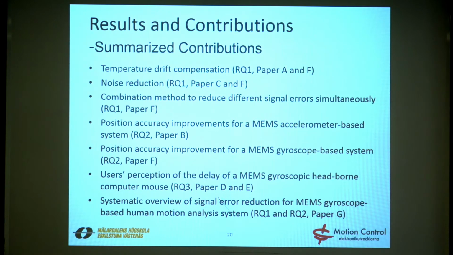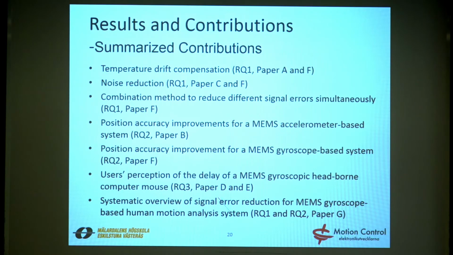This is a summary of contributions. We can say the temperature drift compensation, noise reduction, and the combination method to reduce the different signal errors, with focus on research question 1, are presented in paper A, F, and C respectively.